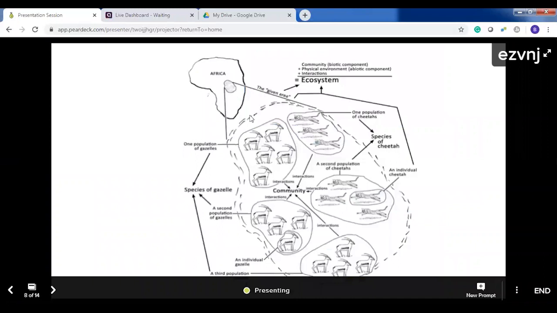In a given area in Africa, there are 2 types of population. The population of gazelles, there are 3 populations of gazelles, and 2 populations of cheetahs. When they are made up of the same organism, it is a population. Now here we have 2 different populations, and they interact with each other. They have a prey and predator relationship, and they make up a community because they interact with each other.